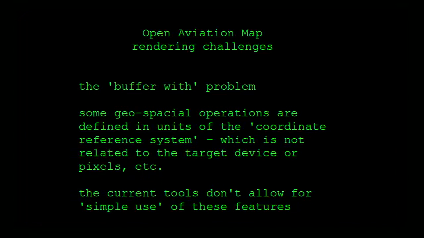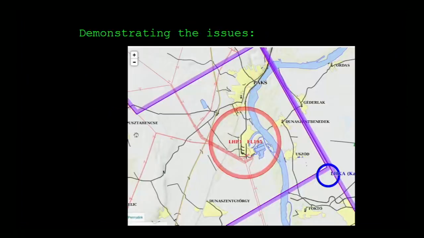So the unit of measurement for this buffer is the unit of measurement of the coordinate reference system that is being used in the PostGIS underneath the whole thing, which, to make a long phrase short, is a totally useless unit of measurement. So we have to pre-calculate this into a useful target device size as well.